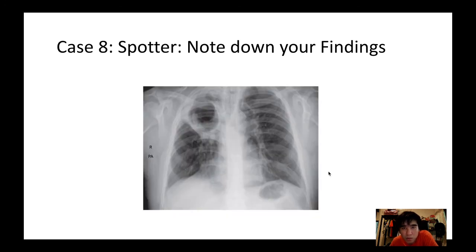This one, spotter, note down your findings. It's very blurry. I can see there is a cavitating mass on the right upper zone with surrounding fibrosis. There's left perihilar opacities as well.